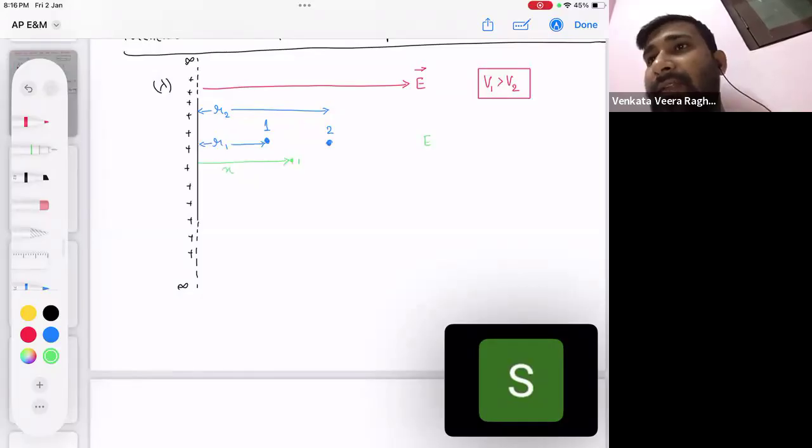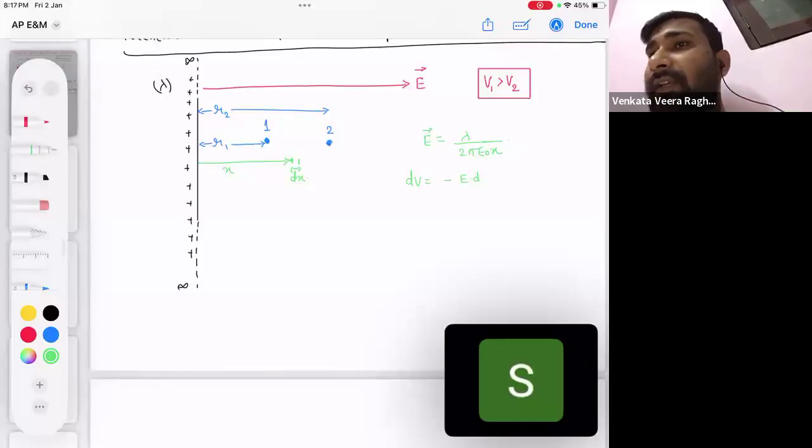The field at a distance x will be lambda by 2 pi epsilon naught x. And let's say some dx distance is there. So can I write dV will be equal to minus E dot dr?